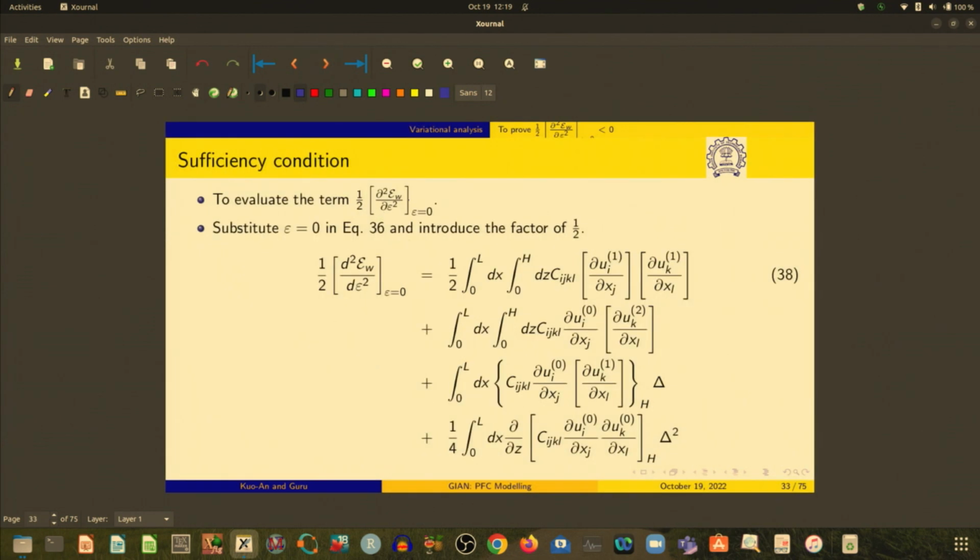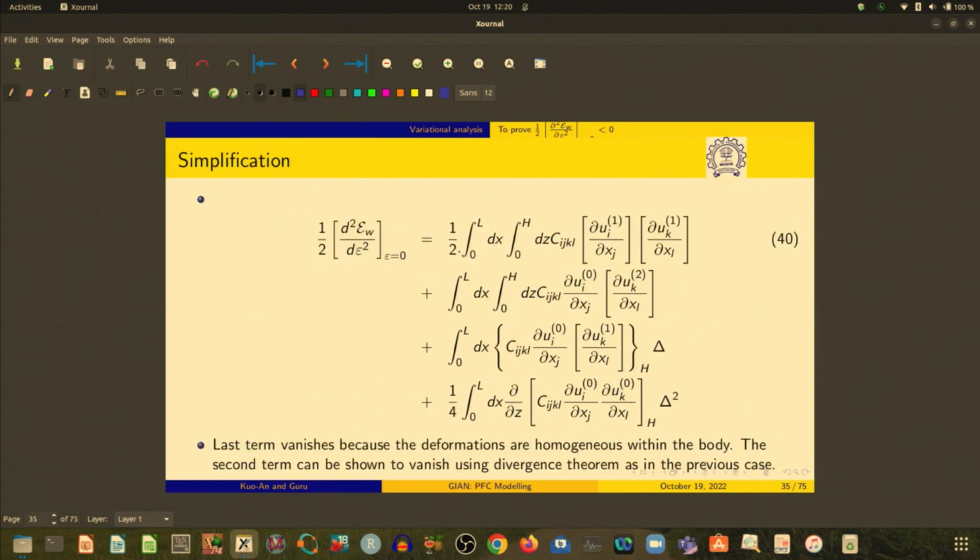So, we want to evaluate this at epsilon 0, this consists of 4 terms, and you can show that one term is 0 by this mass conservation. Okay. So, for the second term, again you can take the dou by dou x_j and transfer it and use the divergence theorem and show that this is 0.